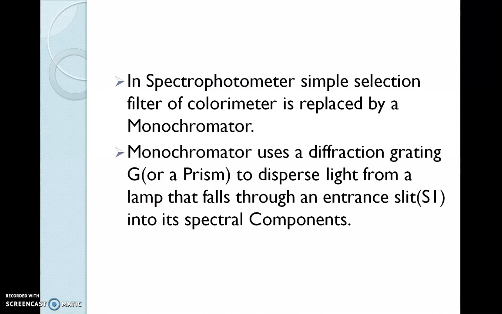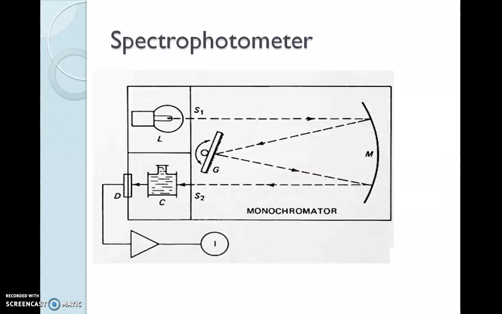Here the monochromator uses a diffraction grating, G, or a prism to disperse light from a lamp that falls through an entrance slit S1 into its spectral components. That is shown in this diagram of the spectrophotometer.